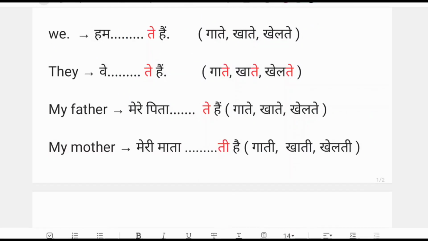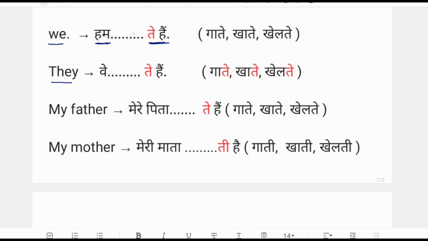Now, if we take the plural pronoun, we use we and they generally. So for we write hum. Hum means we. And as the pronoun is plural, we use the ते हैं form.